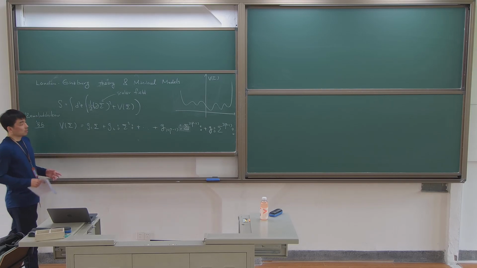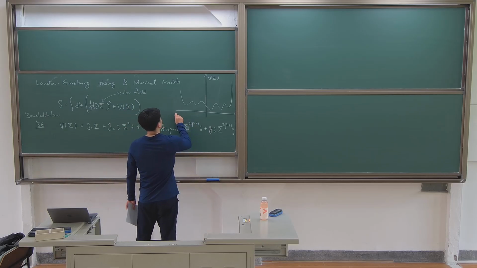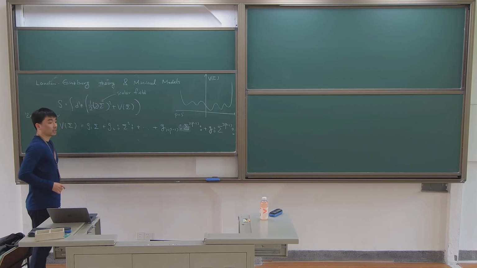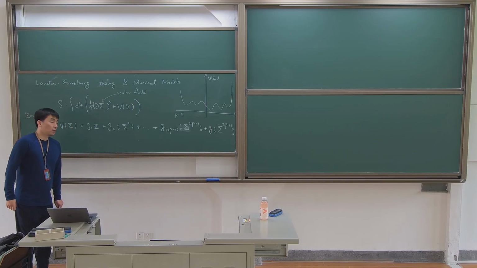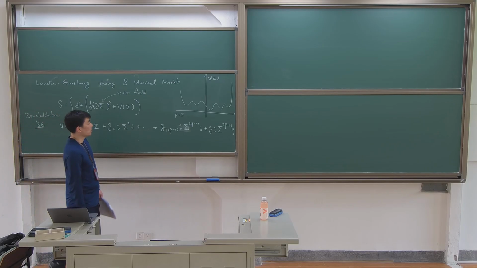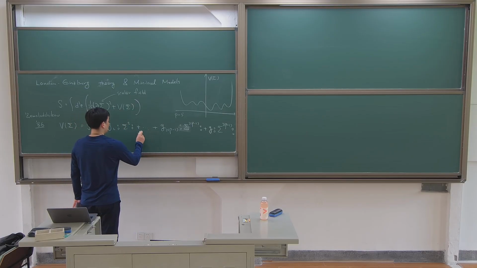Suppose P equals... Sigma, the capital Sigma, is the scalar field with this potential. Then there's a G3.